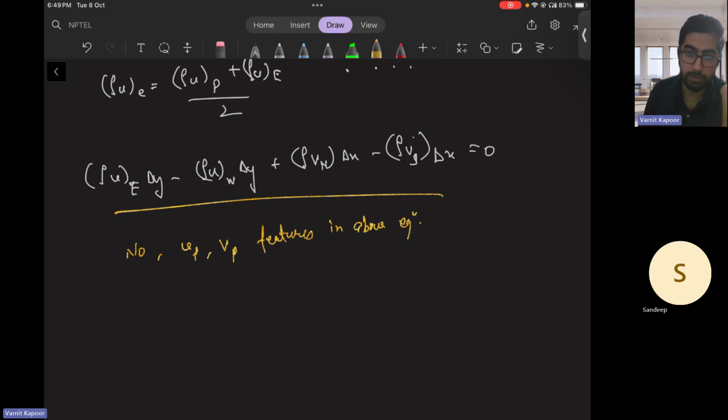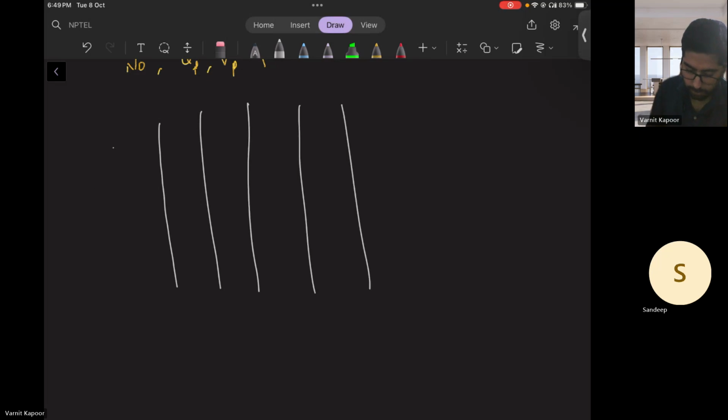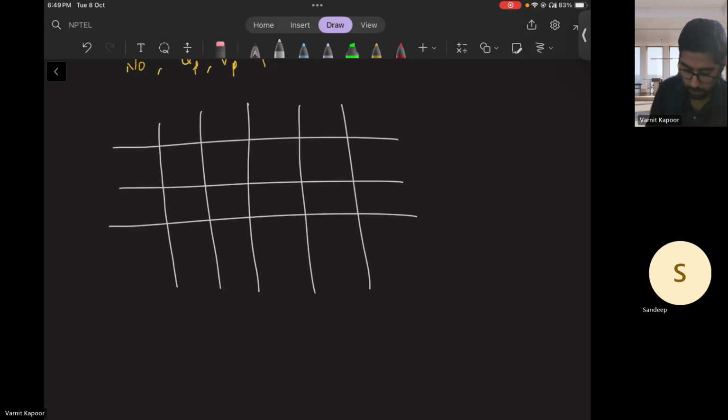Suppose what I'm trying to say is that your problem has become like this. This is a uniform grid. Suppose this was your cell under consideration with u equal to 30.